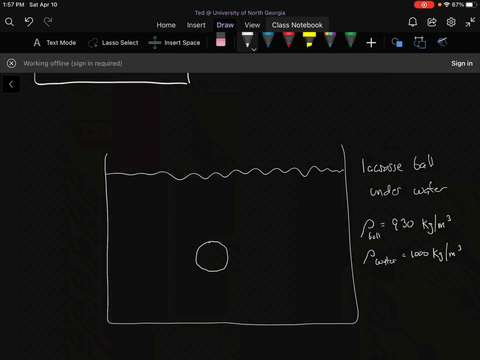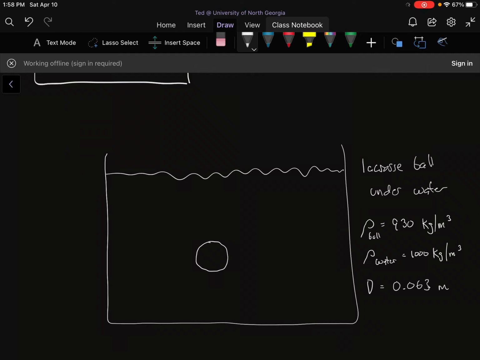So a lacrosse ball has a diameter of about 63 millimeters. So that's 0.063 meters. That's about 2.5 inches.